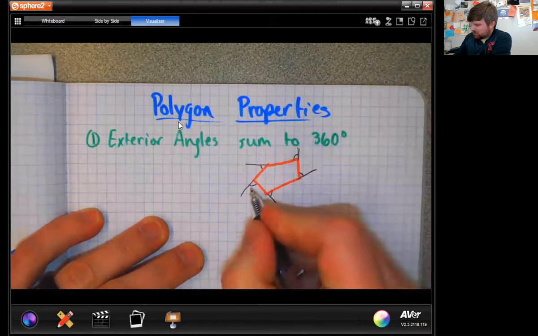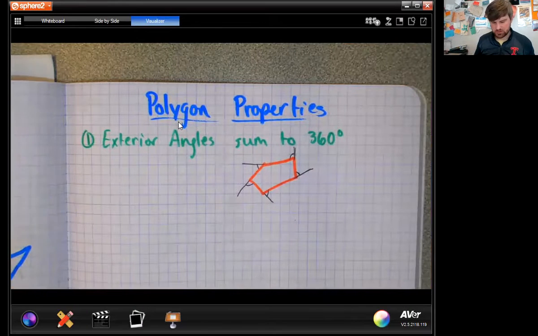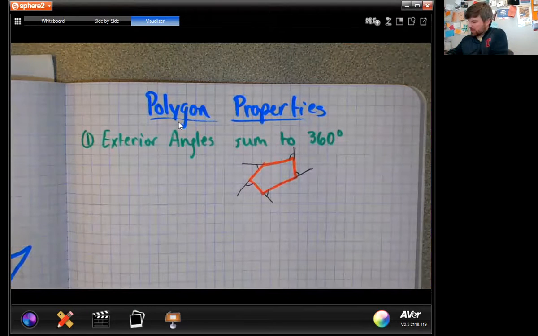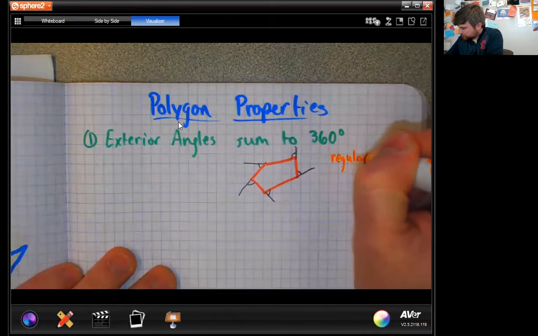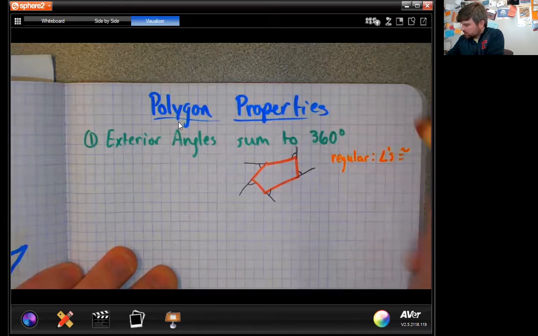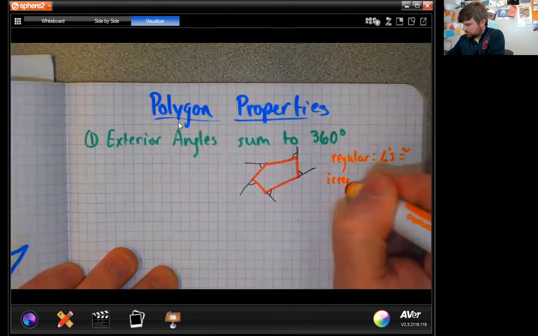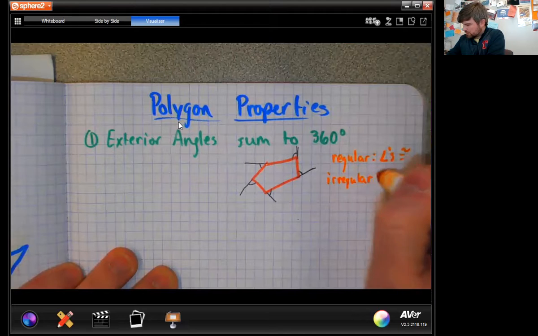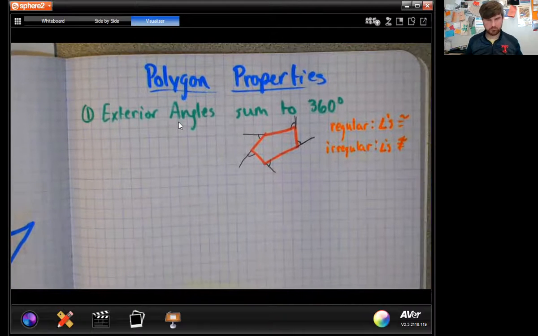And if I add all of these up, you will get 360 degrees. Now, with a regular polygon, those angles are congruent. With irregular, angles are not congruent, they're not the same. So exterior angles add up to 360.